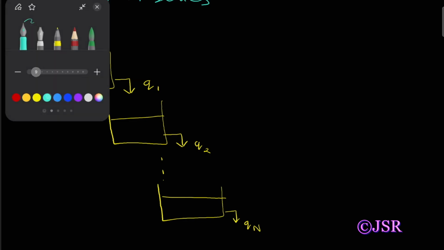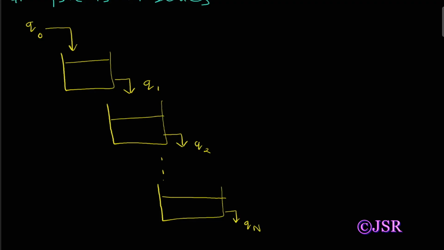So let's assume that the system parameters for the first tank are tau 1 and K1. For the second tank, tau 2 and K2. For the nth tank, tau n and Kn.